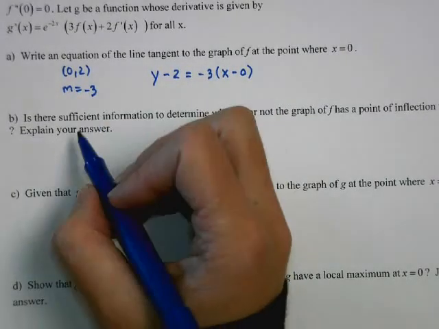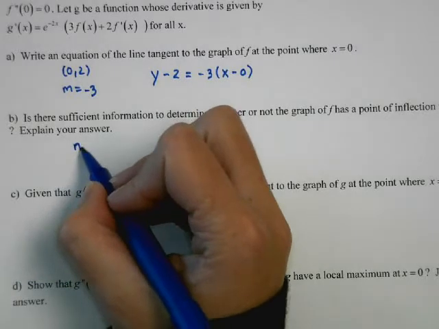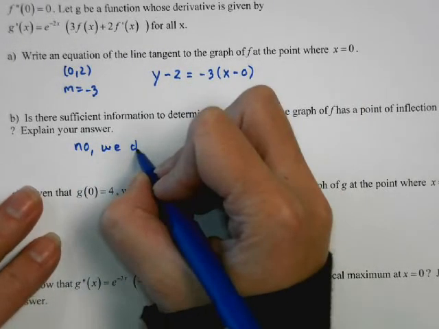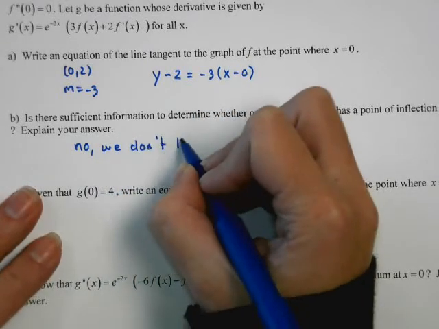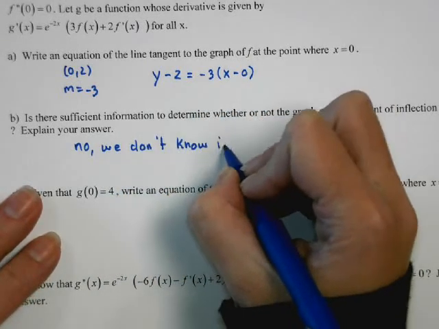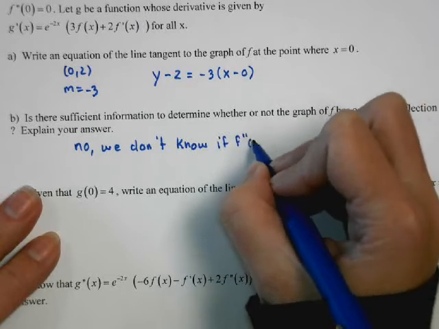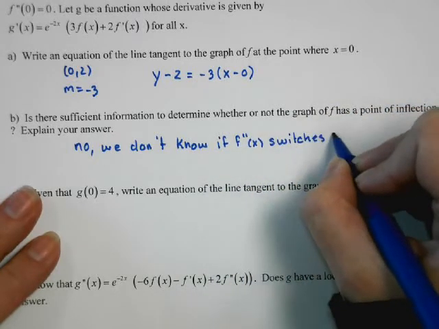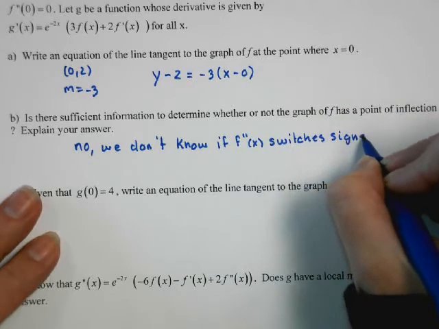We don't know if f double prime switches signs, because that's what needs to happen in order for there to be a point of inflection. And just the fact that it equals 0 is not enough information.